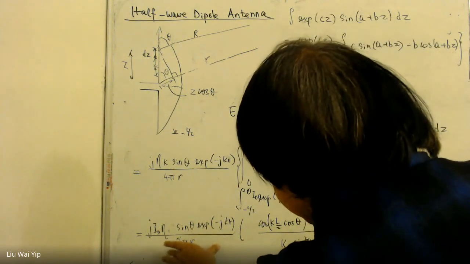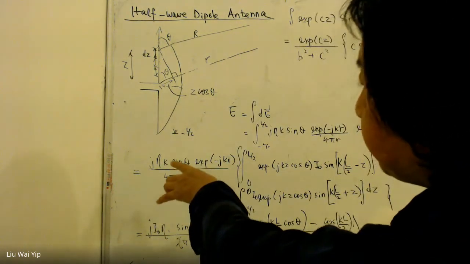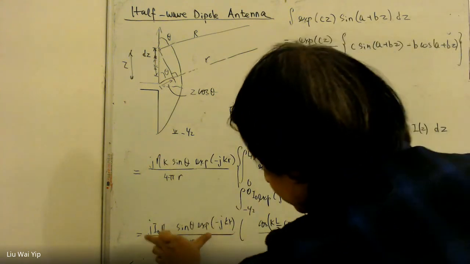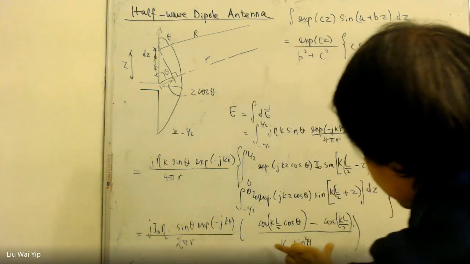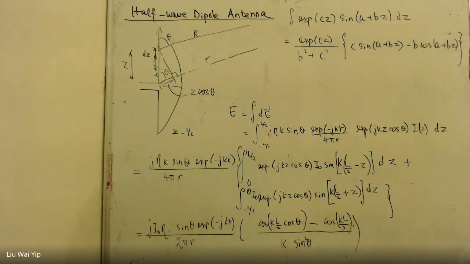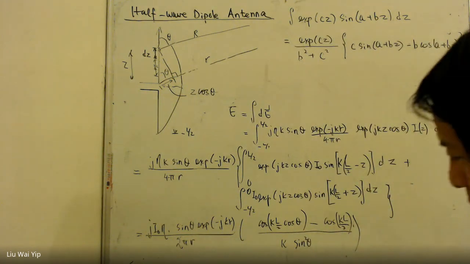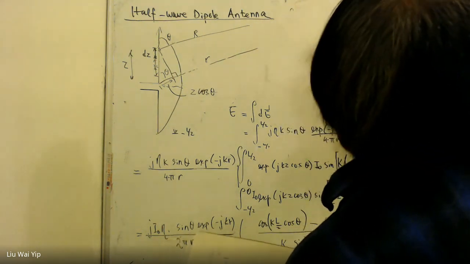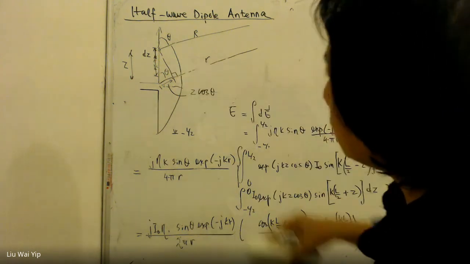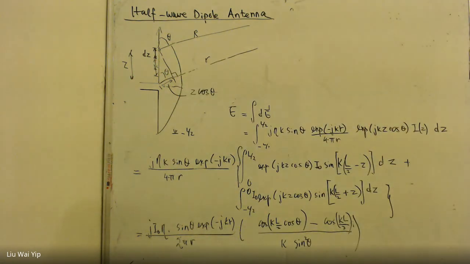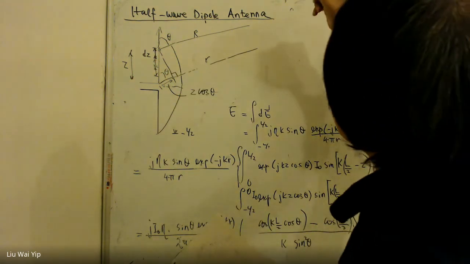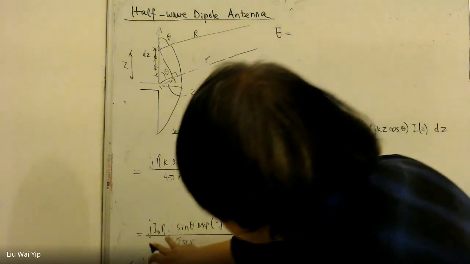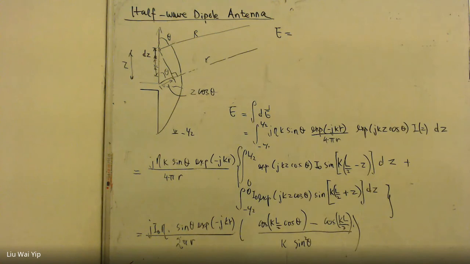Based on the result we have got here, we can say the total electric field is going to be this expression times this expression. So to summarize, the electric field from a half-wave dipole is going to be equal to E, and then we have multiple terms of expression.